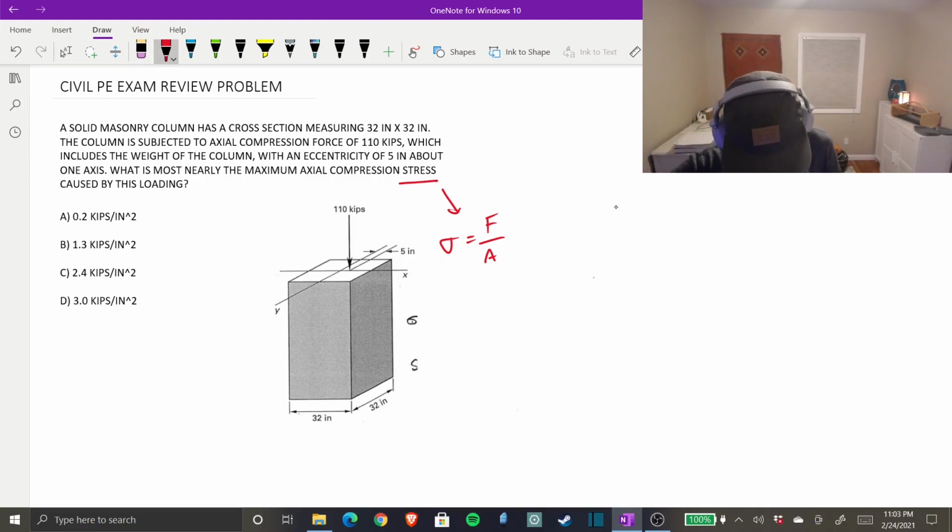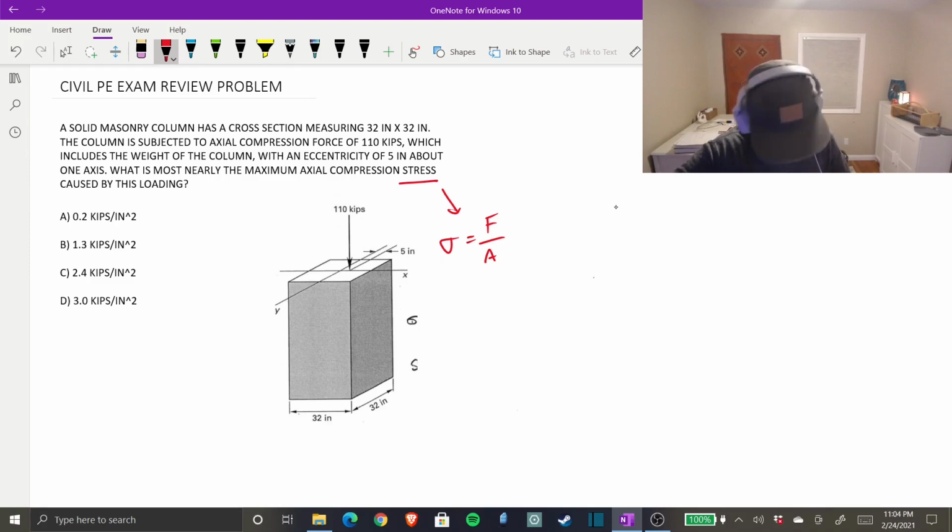Well, we have a column here. We have masonry. Oh my gosh, this is terrifying. Well, this actually has nothing to do with masonry. They just threw it in there to give you a little more information to maybe throw you off. Remember, in the PE exam, for just about every problem, half of the info you can scrape away because it's not needed. These problems are designed to give you an abundance of information and for you to understand not just how to use all the information to solve problems, but how to determine which information you need and which you do not need.